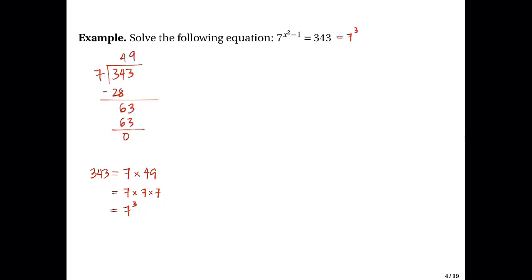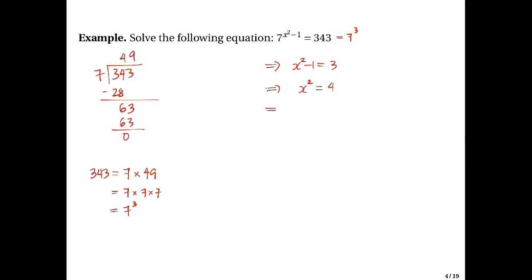Okay? And then as before, we just equate the exponents. X squared minus 1 must be equal to 3. And therefore, what do we get? We have x squared equals 4.